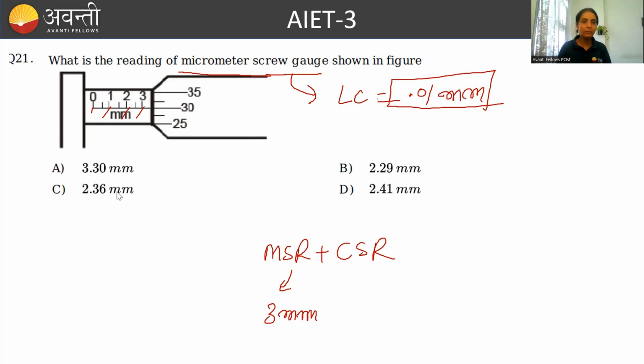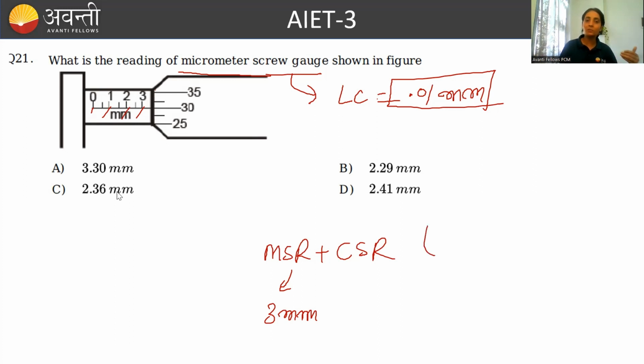Done. And what is the circular scale reading? How will we calculate it? We will see which reading on the circular scale is coinciding with the main scale line, right? So which is coinciding? 35 is not coinciding with the main scale. 25 is not in line with the main scale. Which is in line with the main scale? 30. So CSR is what?